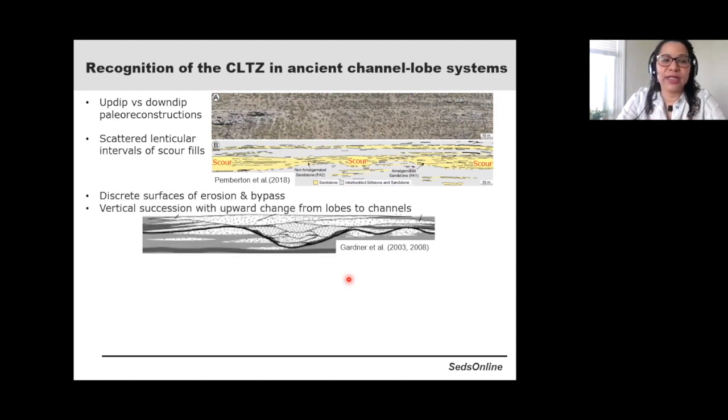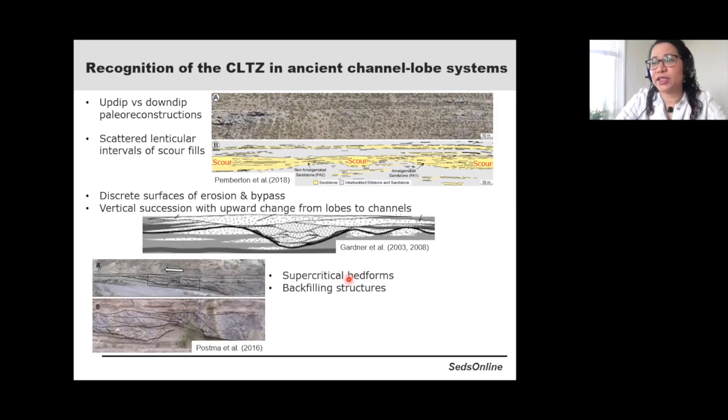Another criterion that has been used is that the CLTZ can be expressed by a surface of multiple erosion and bypass, and that surface can appear when you have lobes and a channel right on top of them.